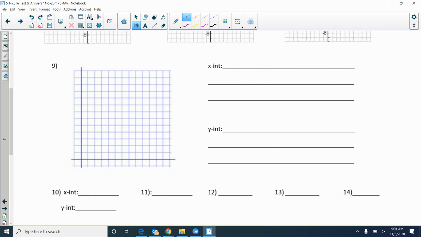All right, find your x and y intercept. Let x equal 0, solve for y. Let y equal 0, solve for x. It should come out to decent numbers.